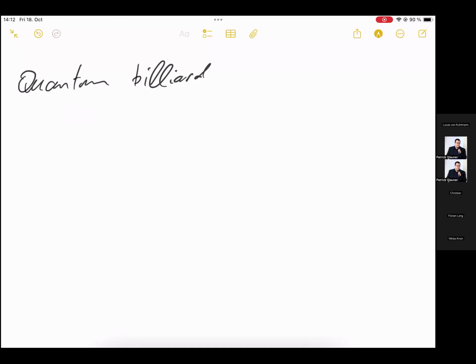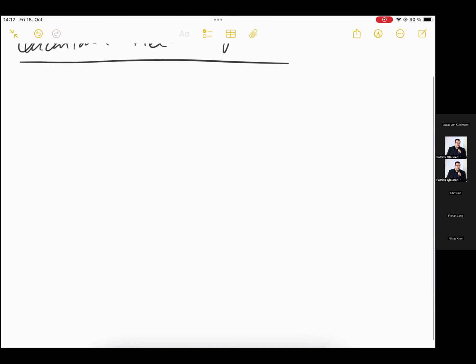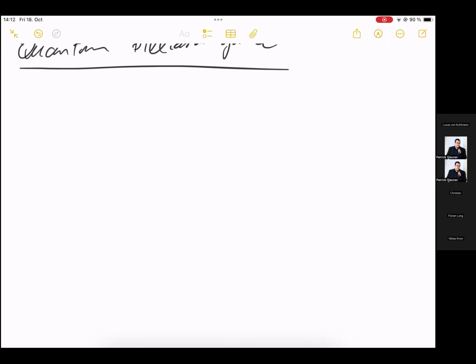And I will first draw the graph of what the quantum billiard game will look like. And this time we will use complex numbers. And then we will see how it actually behaves compared to the probabilistic one from last week.